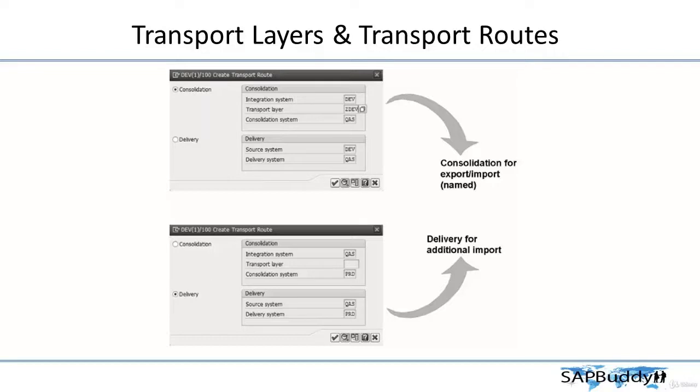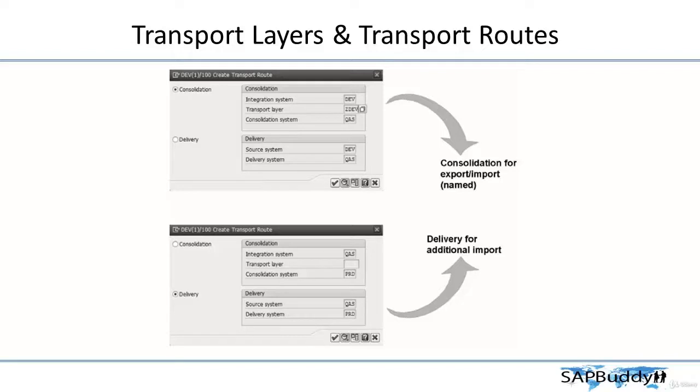You can also see here integration system. Integration system is where the changes are being created, or we can say originated, and which will be assigned to the transport request. Meaning to say, the integration system is the one where you will be doing the customizing as well as the modification of your requirement.